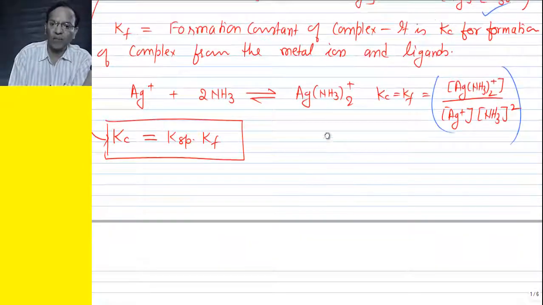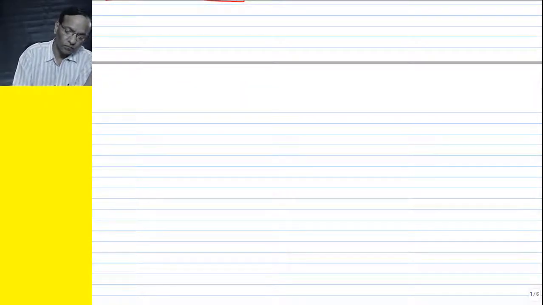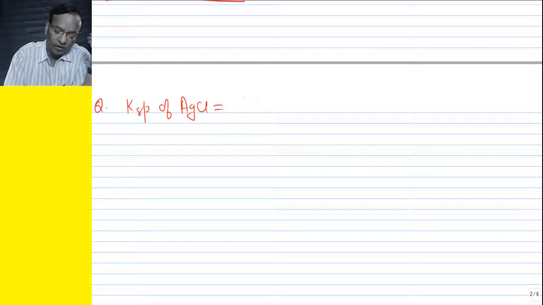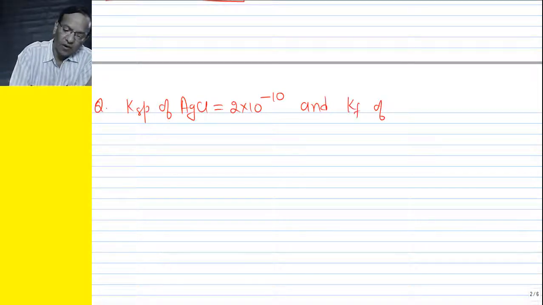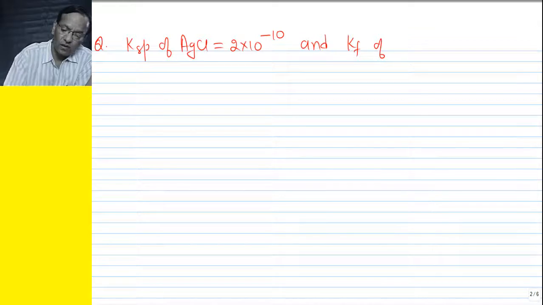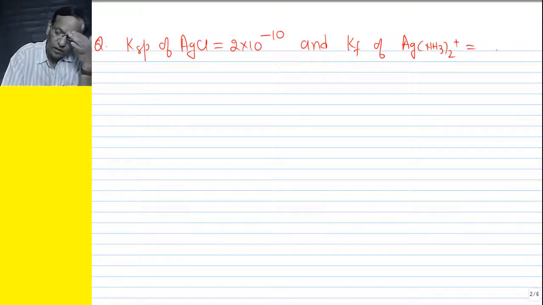So let us try a problem. Given that Ksp of silver chloride is 2 into 10 raised to the power minus 10 and Kf of Ag(NH3)2 plus complex is 10 raised to the power 8.